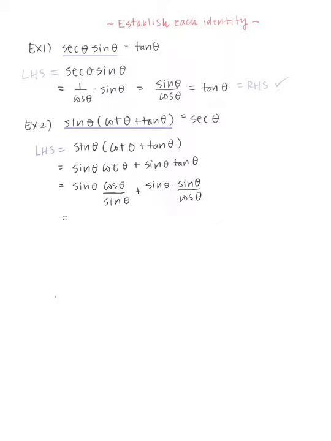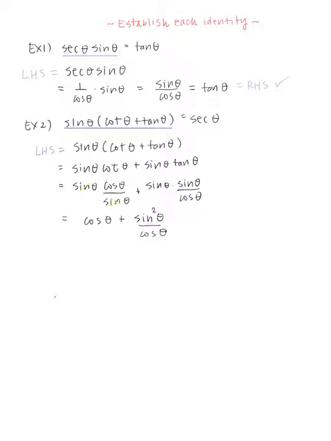We could cancel out the sine of theta and we could write this as cosine of theta plus, now you have a sine of theta times sine of theta, so that becomes sine square of theta over the cosine of theta.